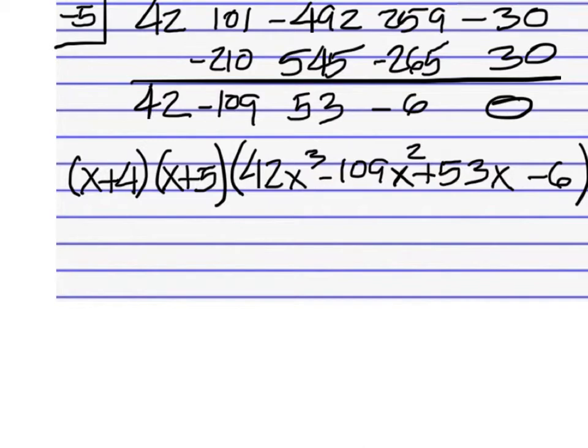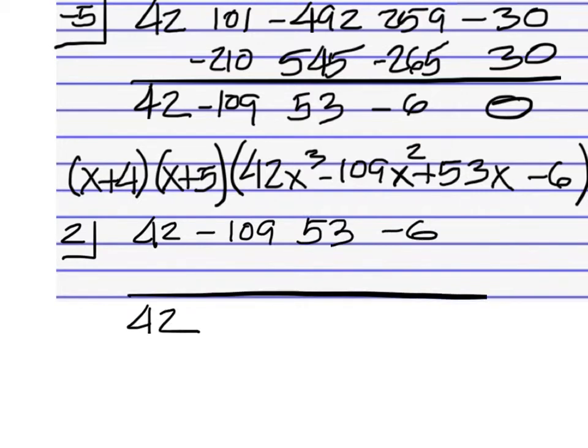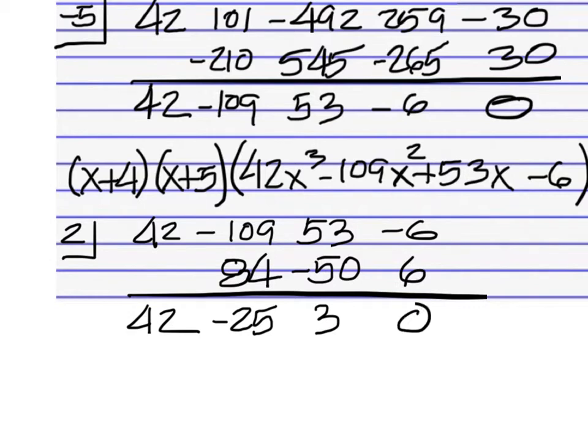And when we divide by 2, we're going to divide that into 42, negative 109, 53, negative 6. Drop the 42. Multiply by 2 to get 84. And 84 plus a negative 109 is negative 25. Times 2 is a negative 50. You're left with 3. And times 2 is 6. You're left with 0.